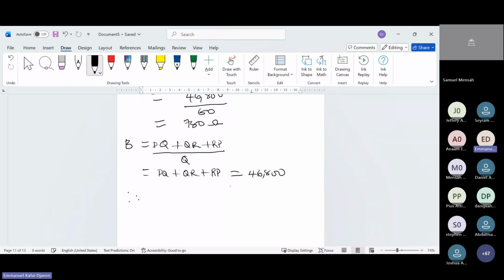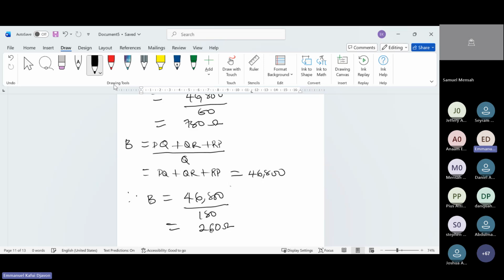So therefore, B is equal to 46,800 divided by Q. Q is what? 180. So that will give us 260. What will be the unit? Ohms. 260 ohms.